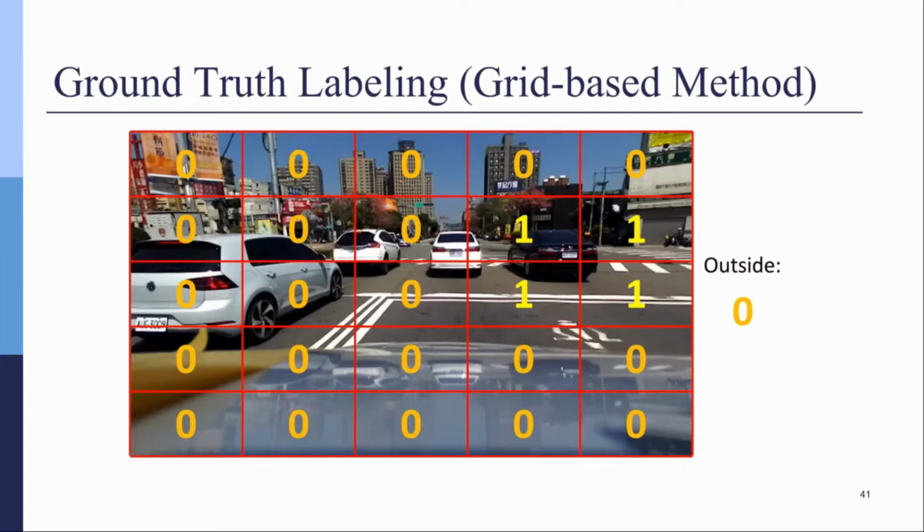Here we have to note that there is one more neuron called outside. This is for the packet from the vehicle which is not in our field of view.